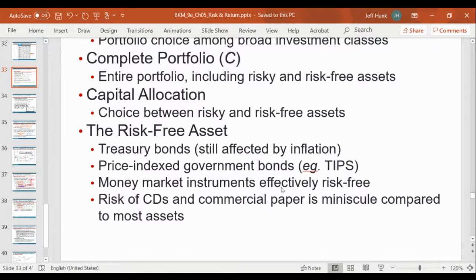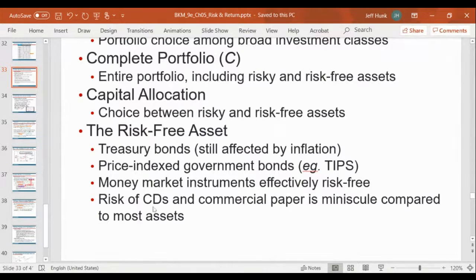And then money market instruments are effectively risk-free. Money market instruments are short-term bonds, government or corporate. Either way, money market is risk-free.